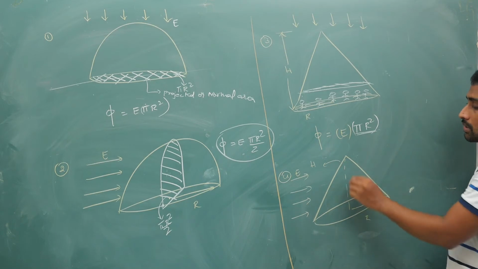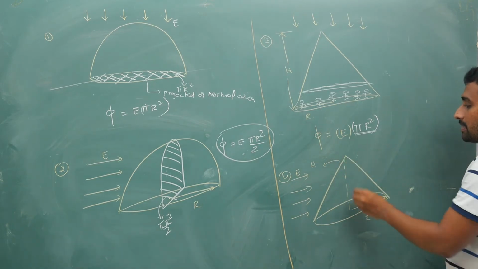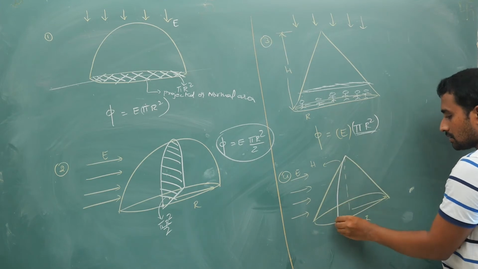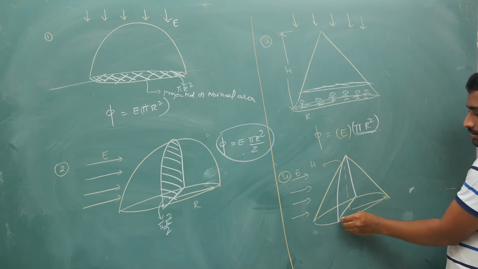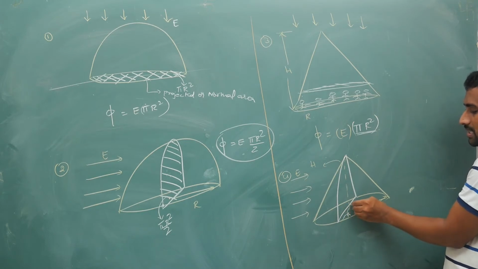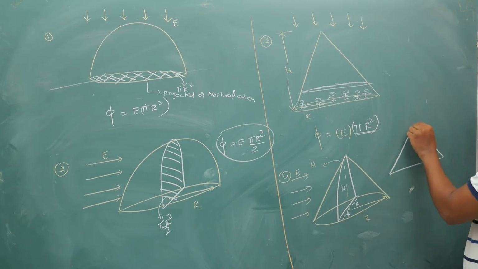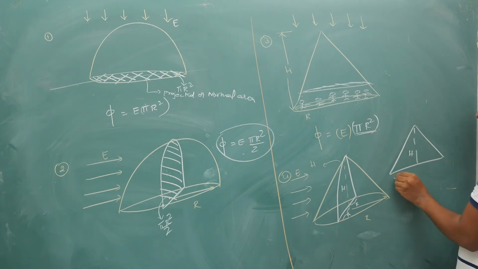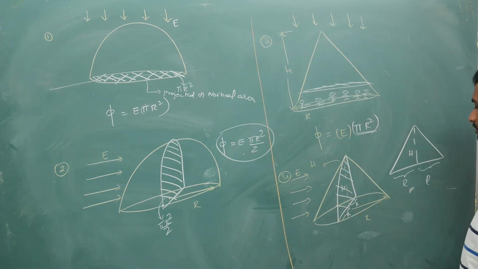If you imagine carefully, you will get a triangular shape like this, in which this radius is R, this radius is R, this height is H. So the projected area is in the shape of a triangle. If you cut this fruit like this, this triangular portion is across which juice comes out.